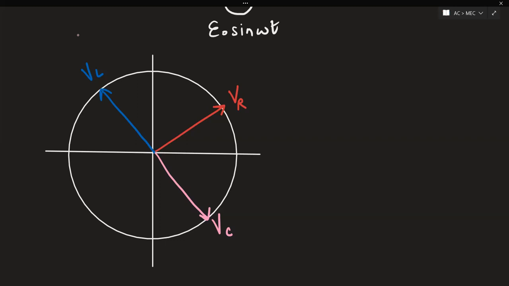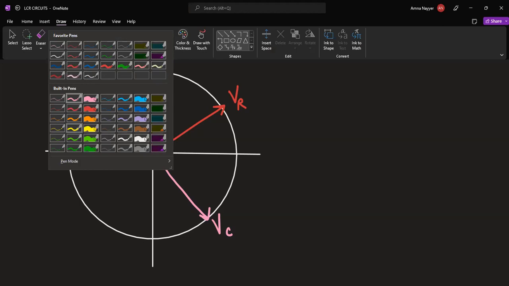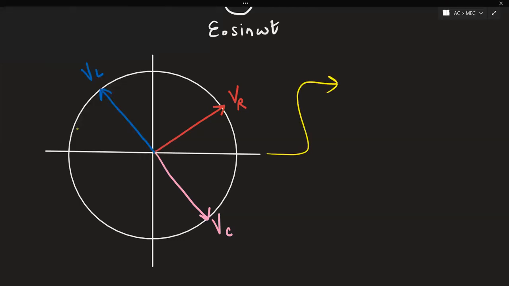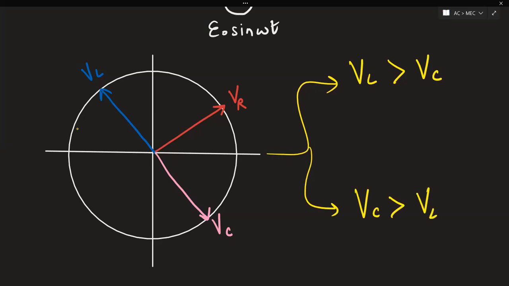Now, class, in this two things can occur. One is that VL can be greater than VC, or the second possibility is that VC is greater than VL.